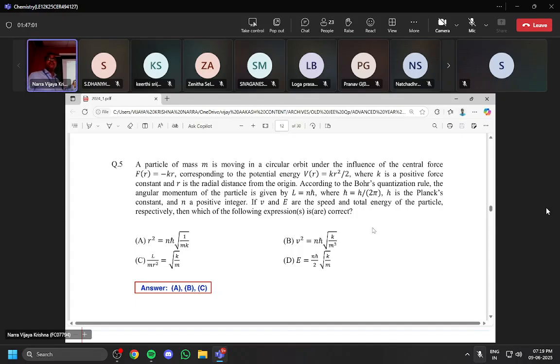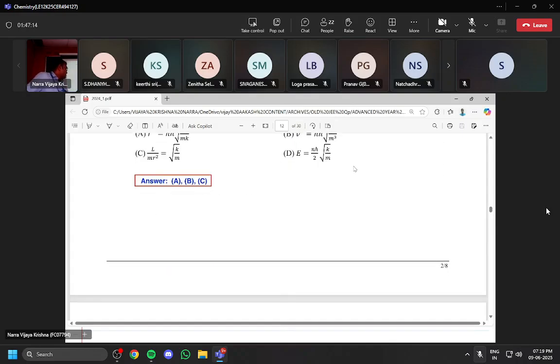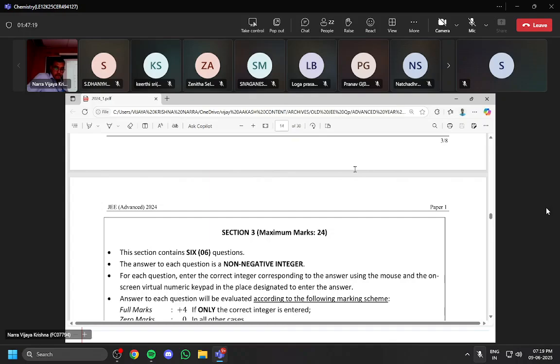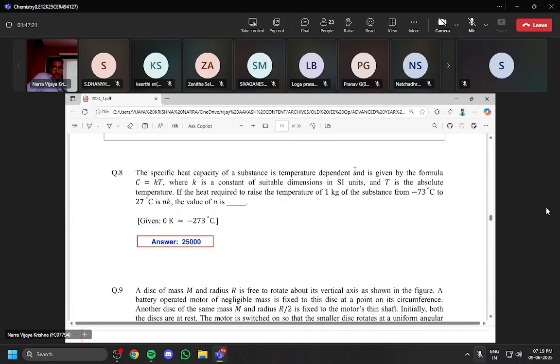Structure of atom only again. But they gave potential energy. Energy equation, now potential energy equation. If I differentiate, you will get. What about this one? Thermodynamics.